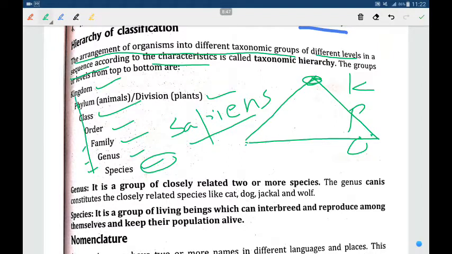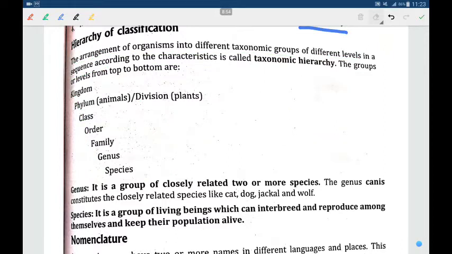As we go up, the number will be less. As we go down, the number will be more. So here we have to keep in mind that kingdoms are few, species are many. There are 10 million species of organisms. But how many kingdoms are there? Kingdoms are only 5, species maximum.